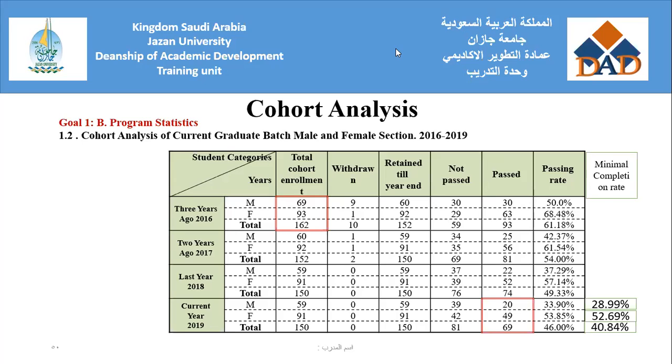Retention means inside the program, first year and then second year, how many continued, while withdrawn and dismissed students we removed. So retention means continued students inside the program in first year, second year, third year. Completion means graduation: in 4 years, how many students completed.